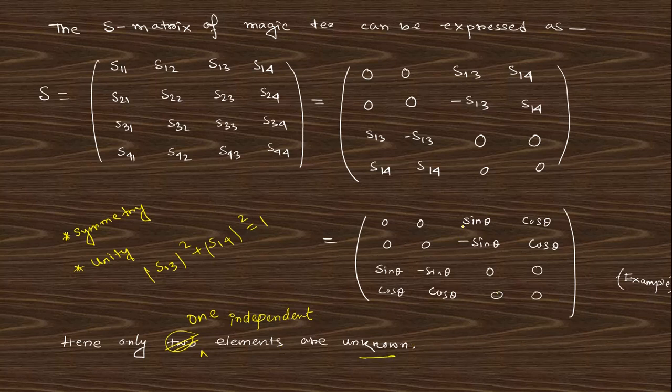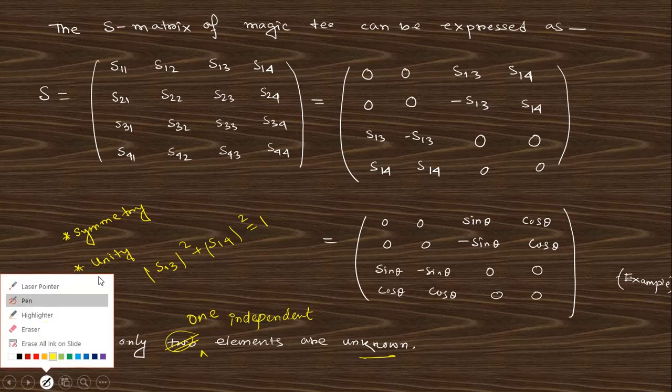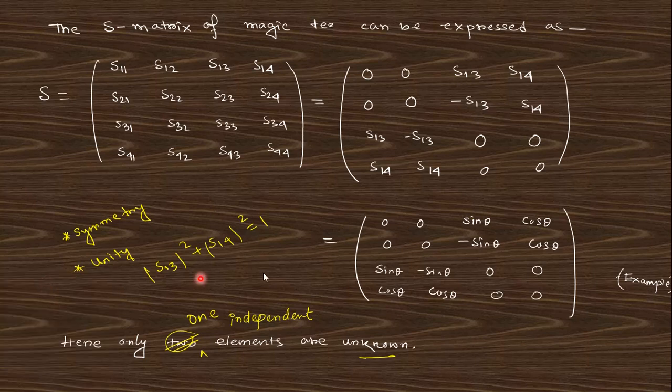This can be written like that, because the squares of these two sum to 1, just as sin square plus cos square is 1. So you can write this as an example, because it satisfies all these properties, right? So this is all about the magic T.